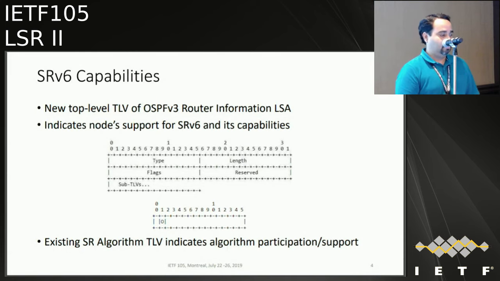So starting with the capabilities, it's a new top level TLV of the OSPF v3 RI LSA, and it advertises SRv6 support plus some capabilities. For the algorithm, the existing SR algorithm TLV is going to be used for OSPF v3 as well.